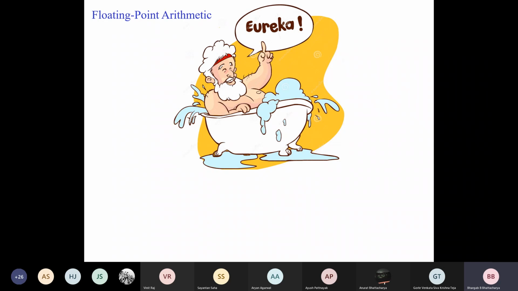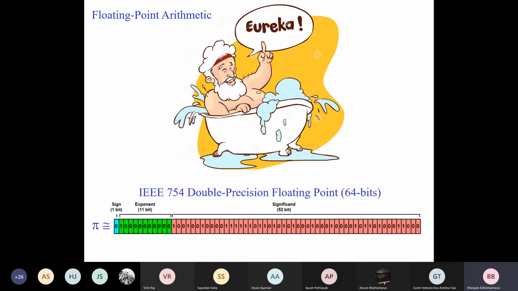You can express it, right? So for example, if you want to represent pi, this would be in IEEE 754 double precision floating point format. Of course it is an approximation, but in double precision floating point format, you have 64 bits in the IEEE 754 standard.